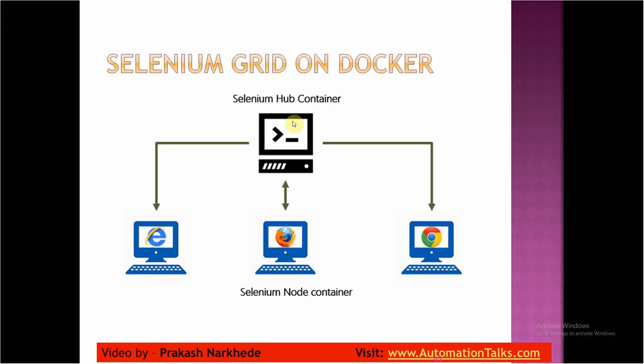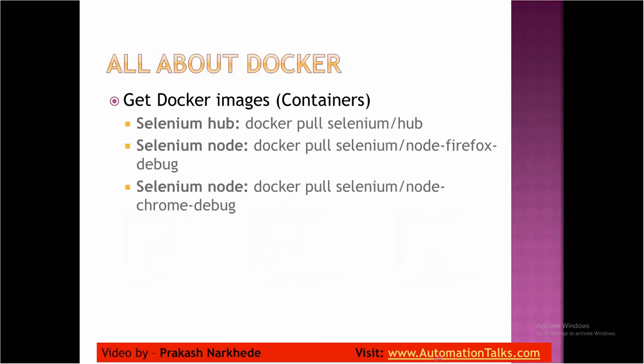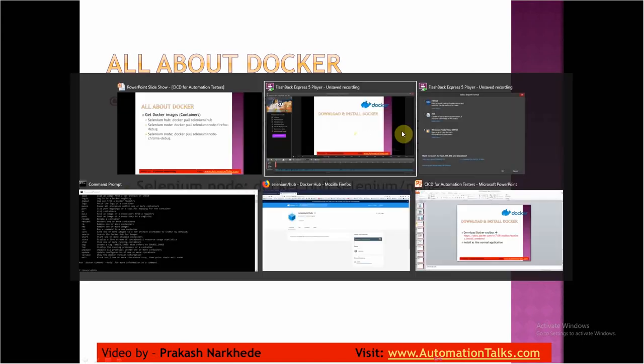Okay, so in order to use Selenium grid, I need a Selenium hub container and Selenium node containers. From where can I get them? To get the Selenium hub, I have already shown you how: docker pull selenium/hub.